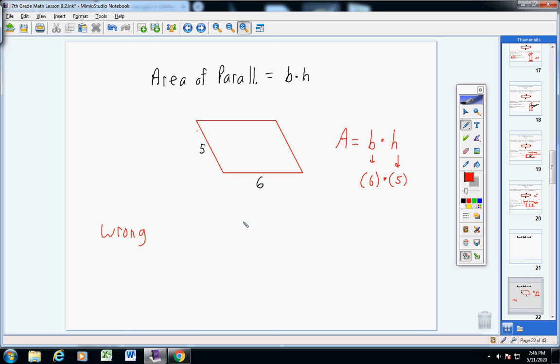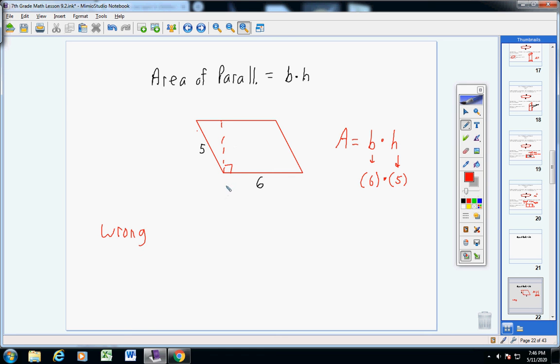Hopefully none of you thought that was right. Hopefully all of you caught that mistake, okay? But the height of a parallelogram has to be a line drawn from the base of one parallel side to another parallel side, from the top down to the base, so that it is perpendicular.